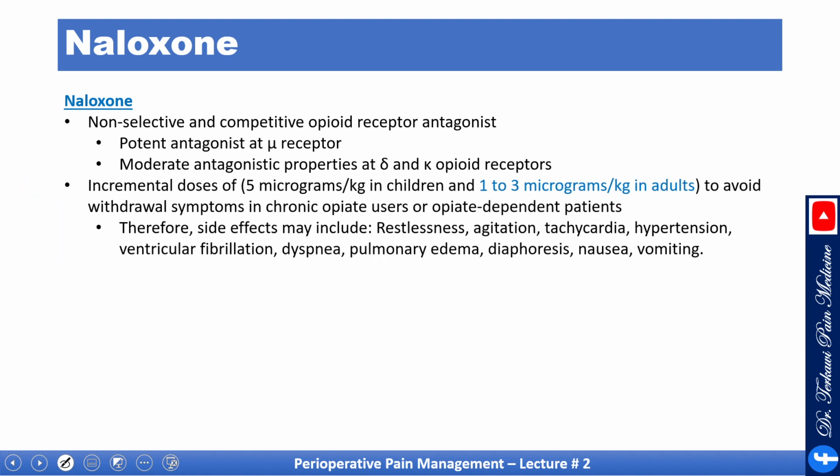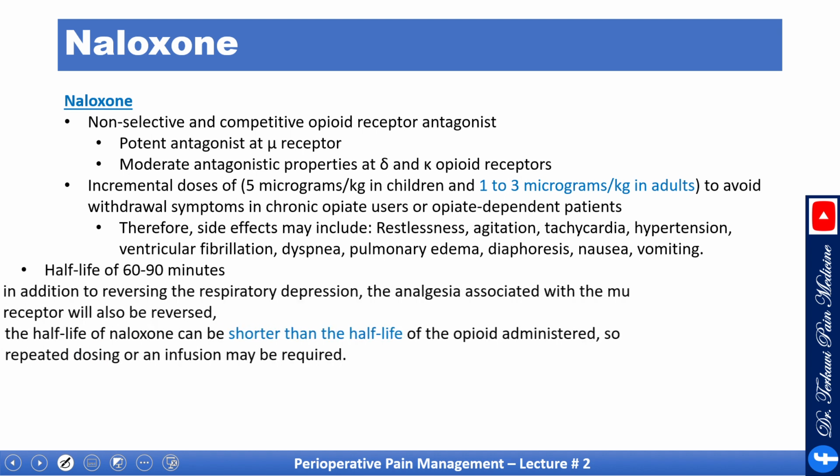The dose is usually 1 to 3 mcg per kilogram, or 5 mcg per kilogram in adults and children, and you should repeat it as I mentioned in the previous slide, and watch for withdrawal side effects like restlessness, agitation, tachycardia, hypertension, arrhythmias, pulmonary edema, sometimes nausea and vomiting.